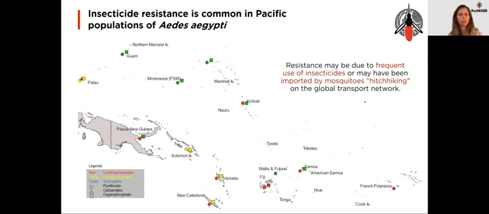So what's really important is to conduct vector surveillance and insecticide resistance bioassays in each country and area, because it's always different. Some populations have resistance while others don't. So it's important to know the situation in your area where you're working.